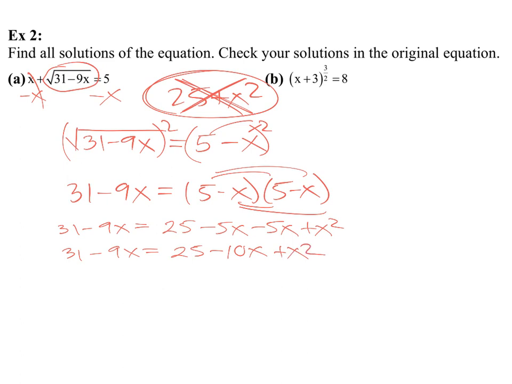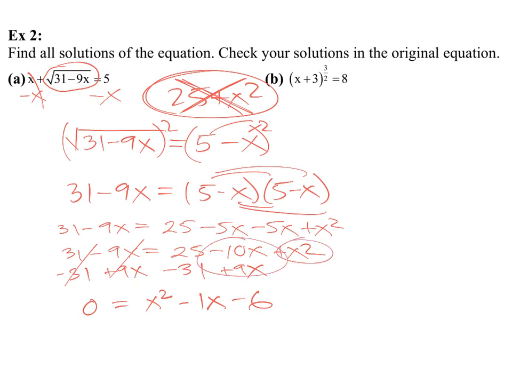Okay, I want to push 0 to one side of the equation. So I'll subtract 31 over, and I'll just add 9x over at the same time. Just be careful with your work. So I end up with x squared minus 1x minus 6.